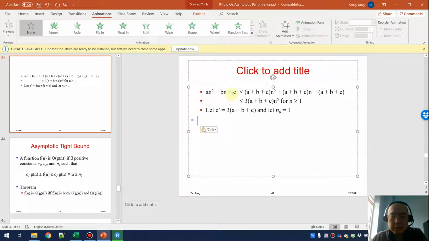So this is the upper bound. Instead of smaller or equal to, now we want a greater or equal to.